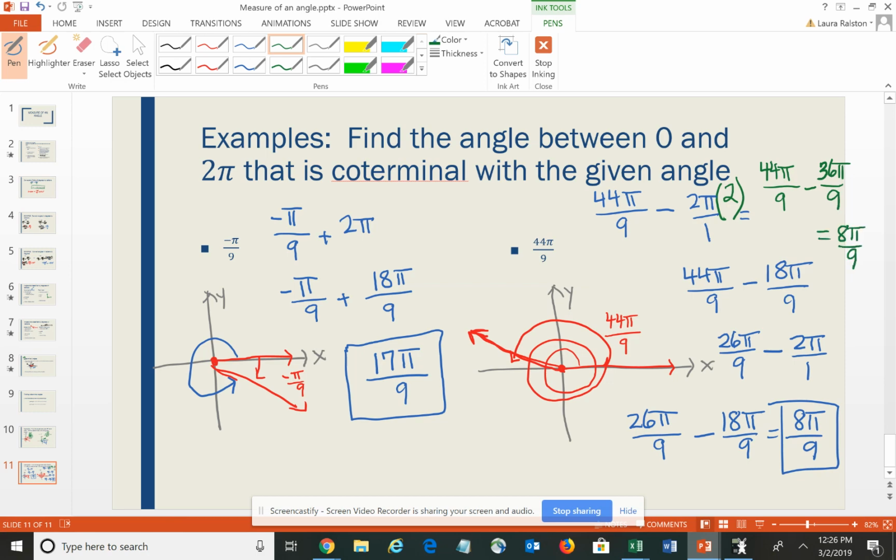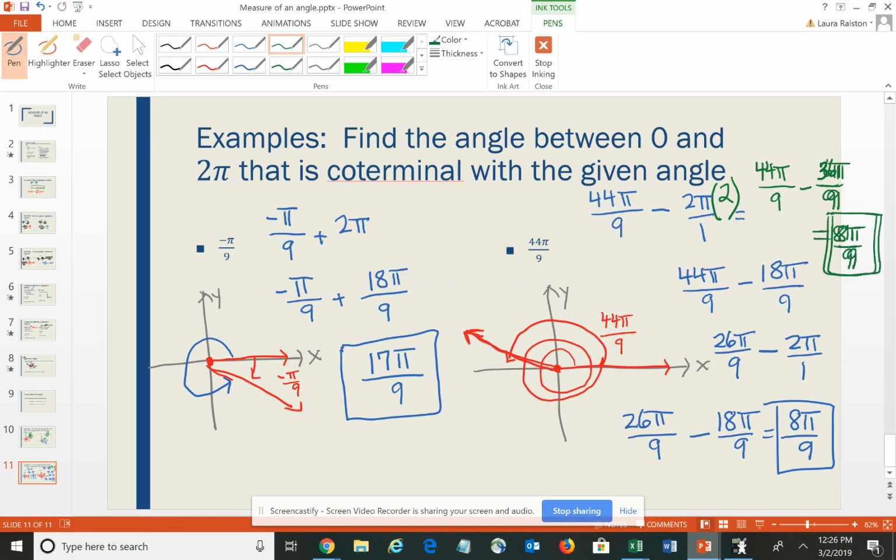It's just a matter of whether you want to do it in one step or two steps if you don't realize you need to subtract it 2 times. But again, we often use those coterminal angles to find a positive angle if it's negative, or to find an angle that's between 0 and 360 degrees, or between 0 and 2 pi, one full revolution.